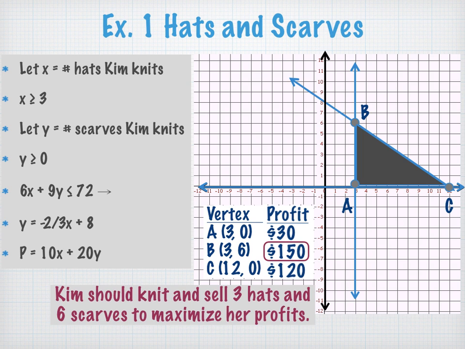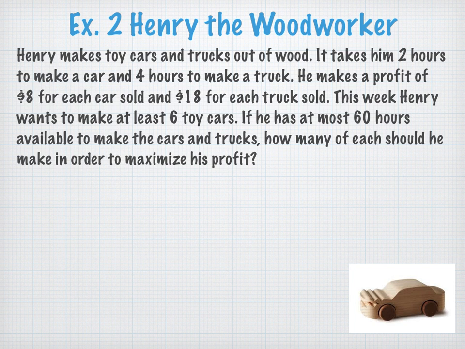So now I have a problem that you can try to solve. It's called Henry the Woodworker. Henry makes toy cars and trucks out of wood. It takes him 2 hours to make a car and 4 hours to make a truck. He makes a profit of $8 for each car sold and $18 for each truck sold.